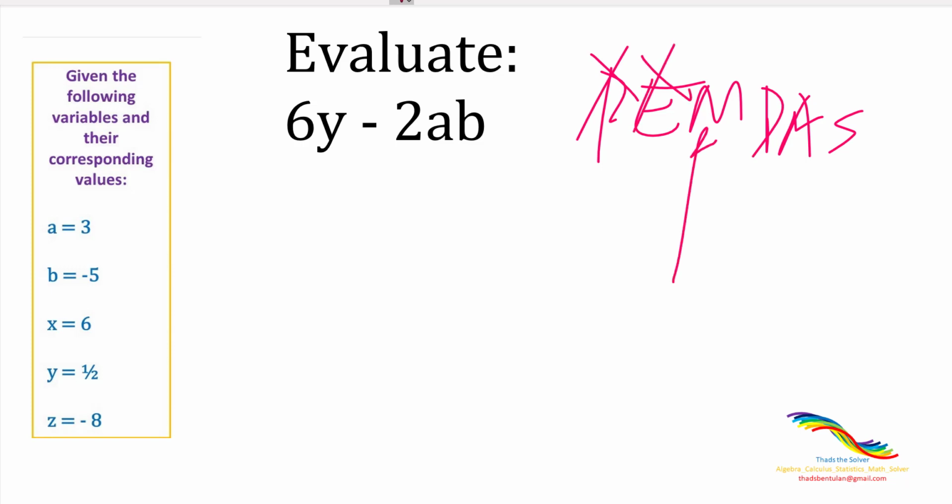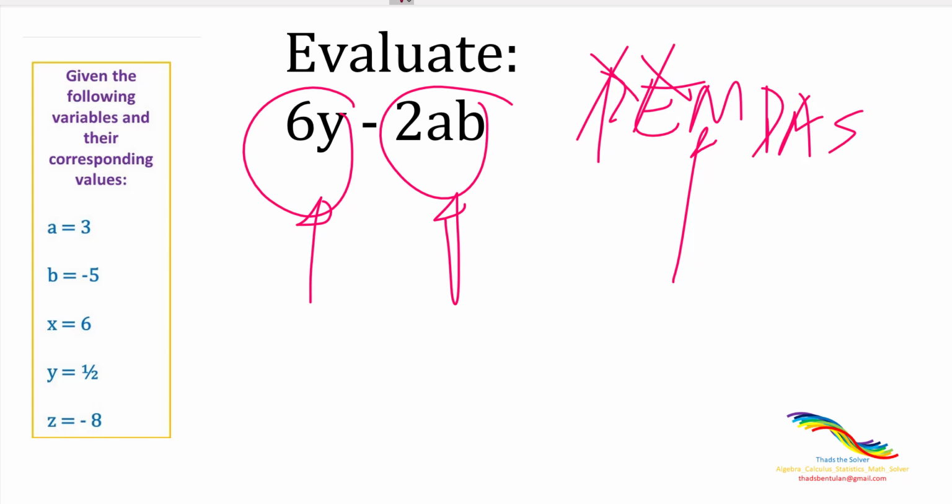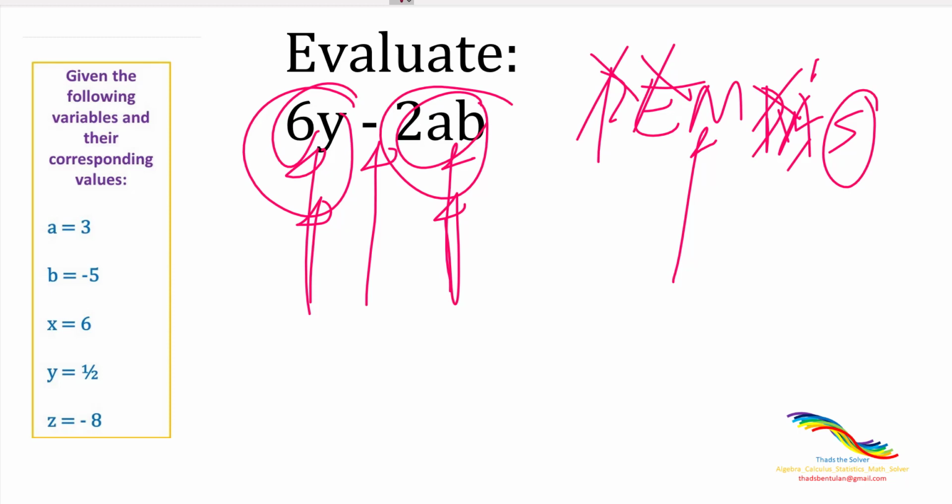Multiplication, this one has to be done first, and this one has to be done first, before you do any addition or subtraction. In this case, there's just subtraction. There's no division, there's no addition. So you do this one first, you do this one next, and then you take the difference of this group and that group afterwards.